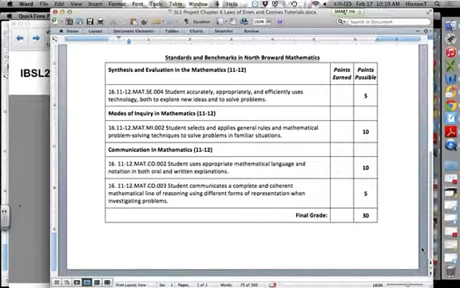Also, using appropriate mathematical language and notation when you are working your problems out and when you are explaining it. You should use proper mathematical language and notation when you're doing that. And then this last part here, communicating your reasoning and that sort of thing.